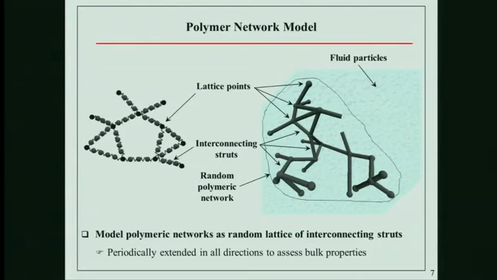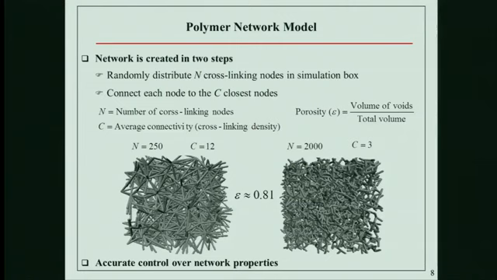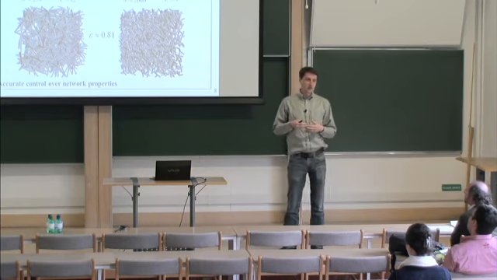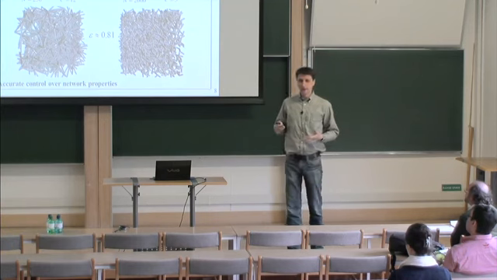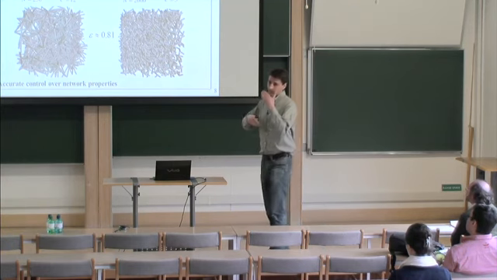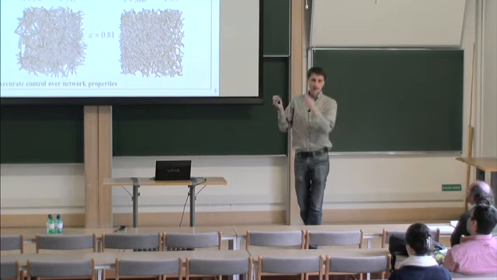So now how we generate this network, this is relatively easy way of doing it. So if you actually think about like a real experiment, when you synthesize a gel, you put a bunch of molecules, they somehow equilibrate, then you add cross-linker, and then they will cross-link and interconnect these polymers, and then you get the network. So we essentially do it in the opposite way. We start with cross-linkers.